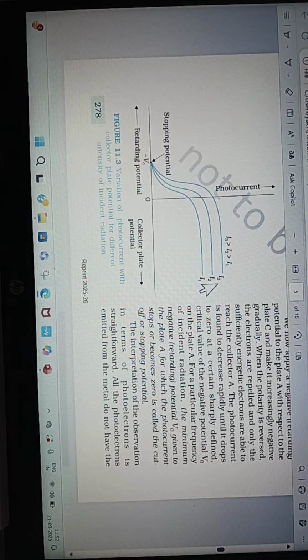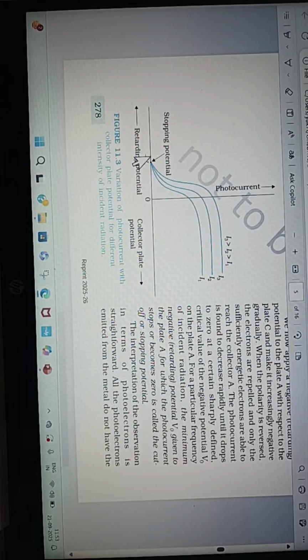The number of photons generated by the bulb per unit area is called intensity. If the intensity is increasing, the current will increase, but they will start from zero only.